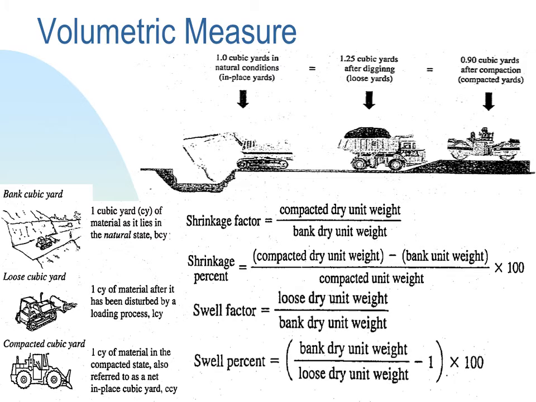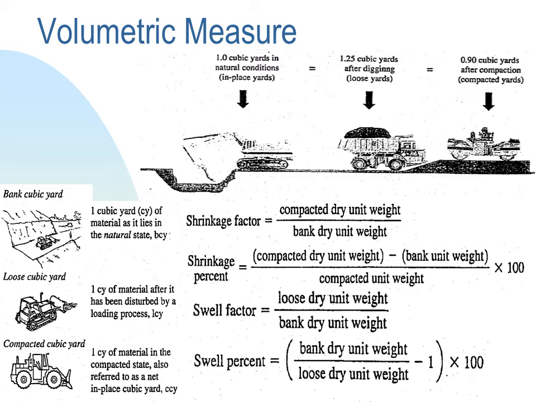On the other hand, what we call the swell factor denotes the relationship between the loose volume and the banked volume, the loose dry unit weight and the banked dry unit weight. So, as mentioned, on average, 1 bank cubic yard or 1 bank cubic meter will produce us 1.25 loose cubic yards or loose cubic meters.